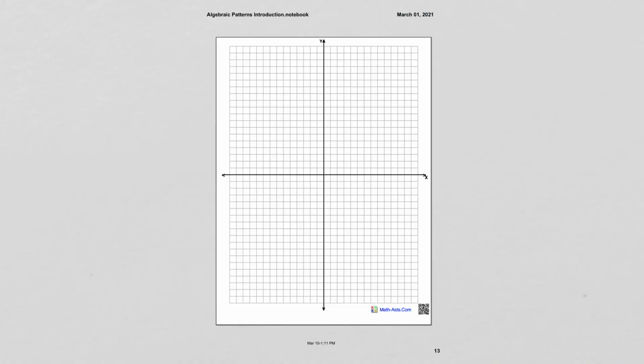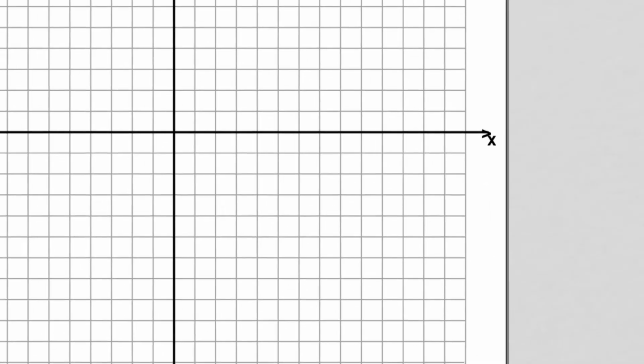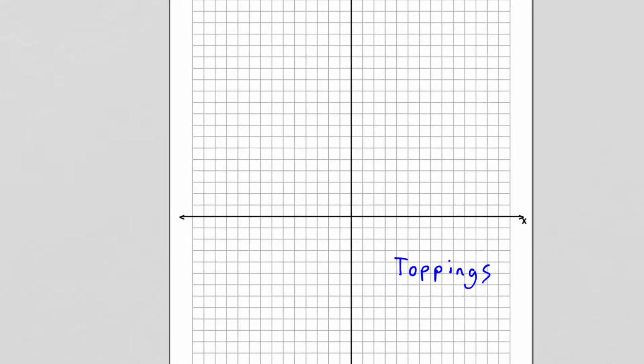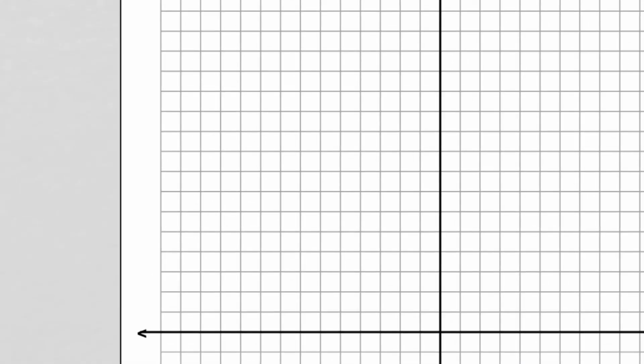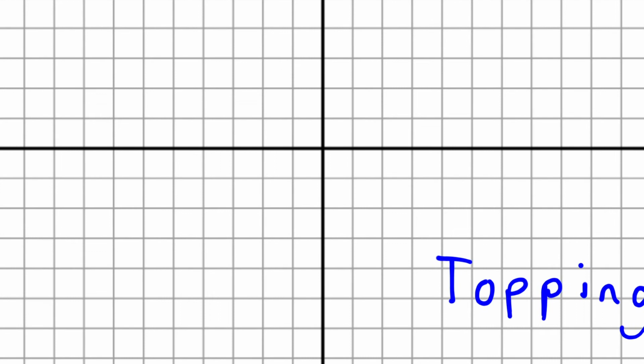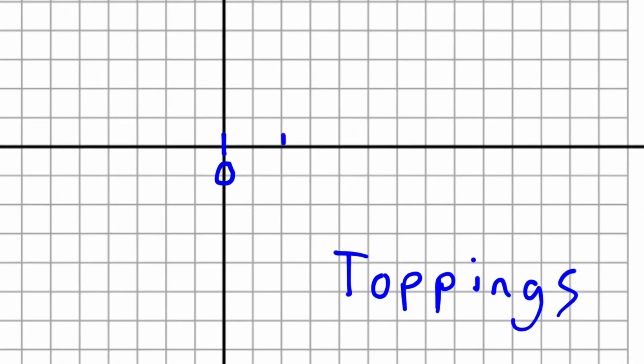Okay, our graph. We have our x-axis, which we're going to call toppings, and our y-axis, which we will call cost. Where they meet is the origin, so we're going to start there at 0. Our toppings just went up by 1, and I screwed this up last time.